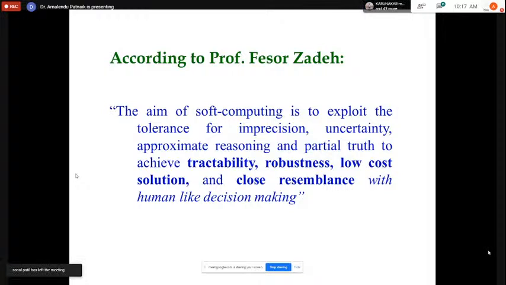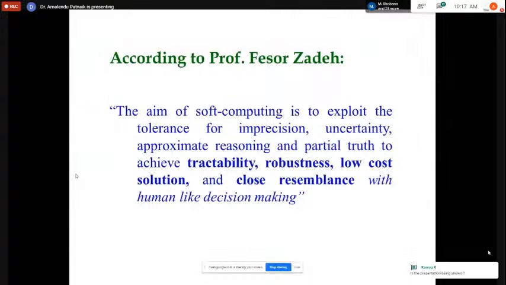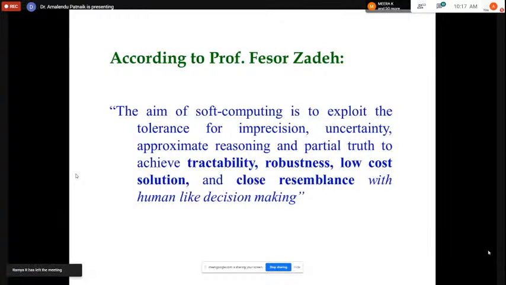This is important: it's a low-cost solution, with close resemblance to human-like decision-making. If you have observed 10 different tasks, for the 11th task you can take a proper decision by observing the outcomes of the 10 previous tasks.